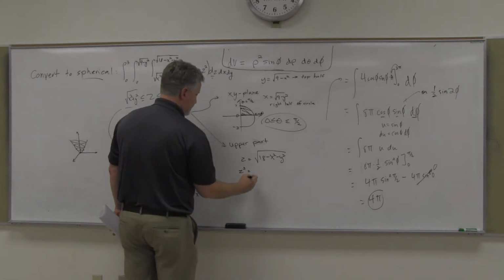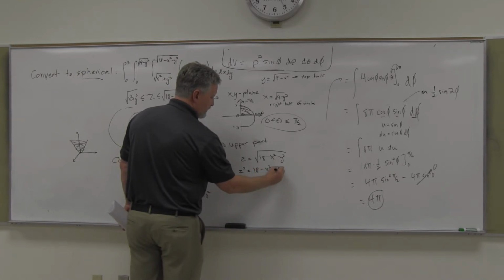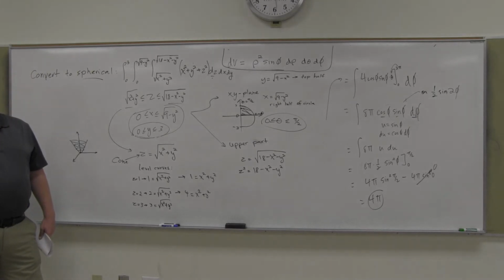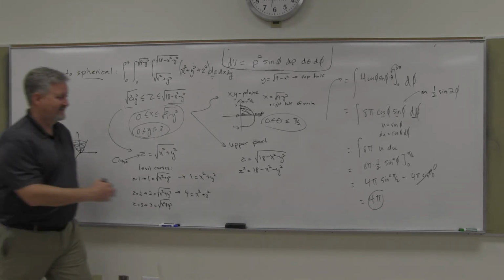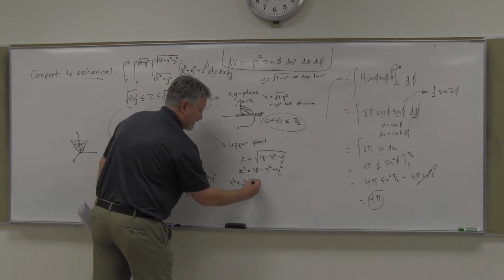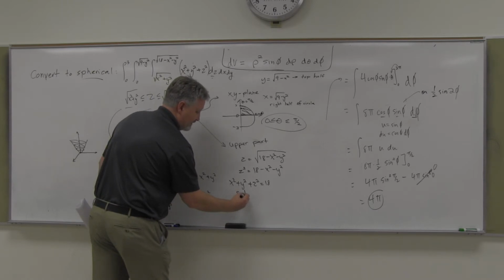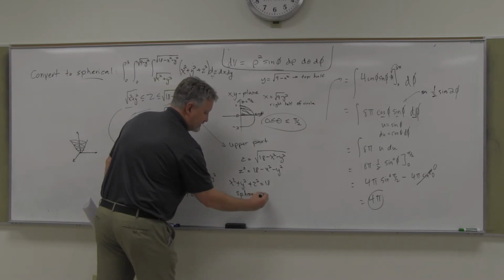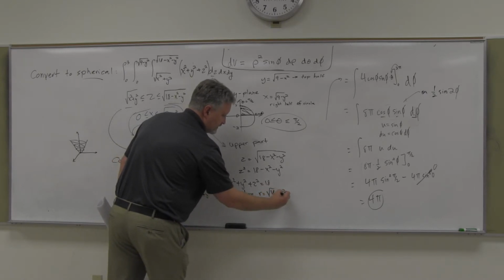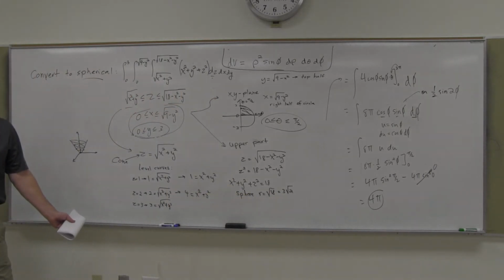You square both sides here, do you recognize what that is? Think about moving the x squared and the y squared. Add the x squared and the y squared to both sides. What do you got? That's a sphere, right? And the radius is square root of 18, 3 square root of 2, however you want to phrase it there, but 0, 0, 0 center.